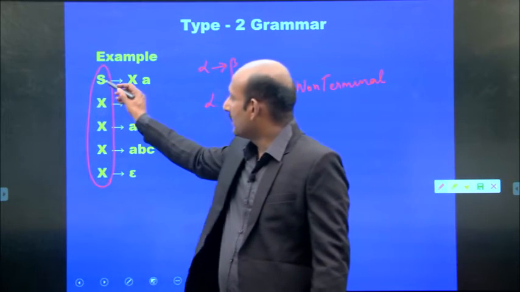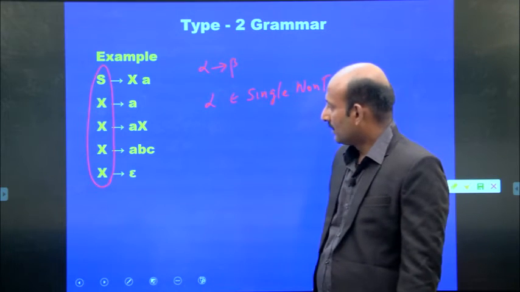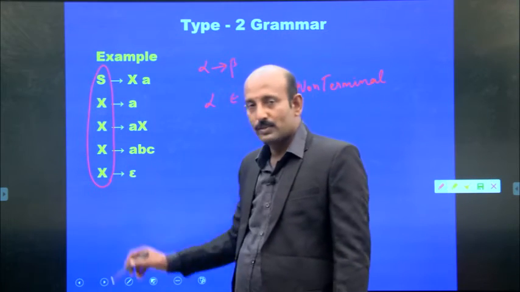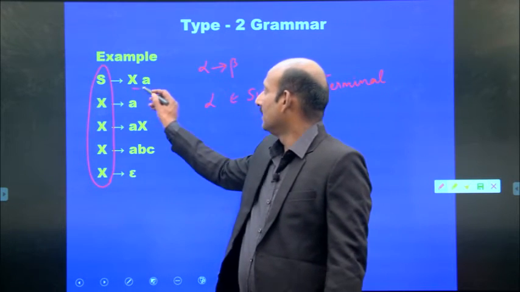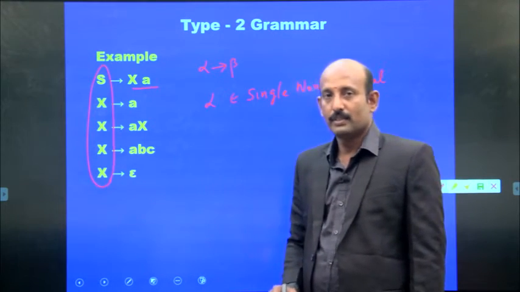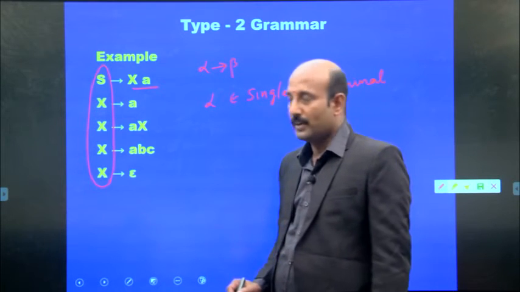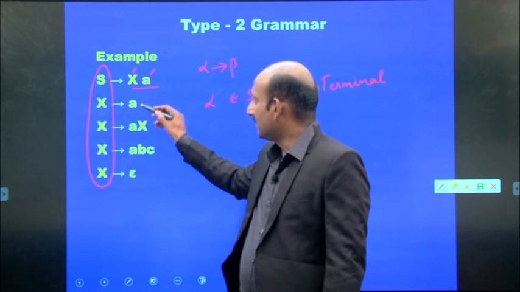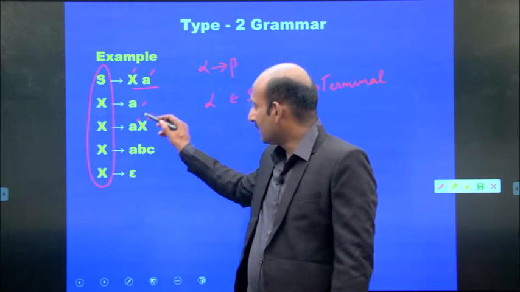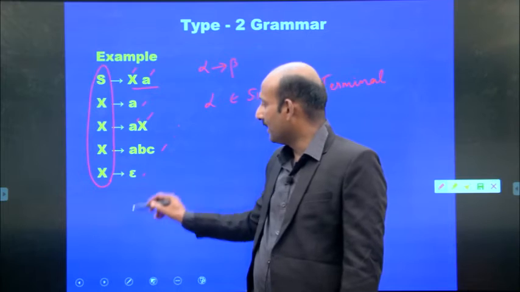The left hand side of these productions contains only a single non-terminal. The right hand side may be combinations of terminals union non-terminals, only terminals, and empty.